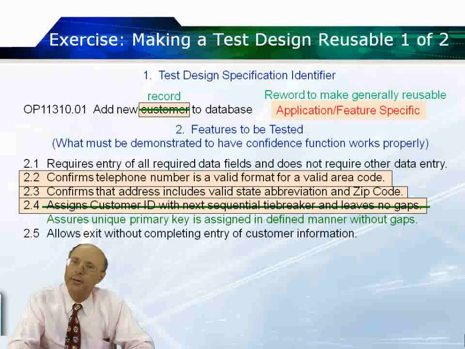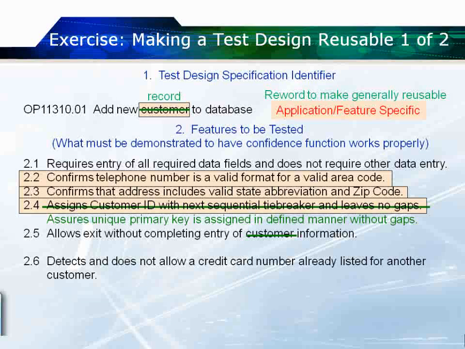"Allows exit without completing entry of customer information." Well, it's actually allowing exit without completing entry of any information. "Detects and does not allow a credit card number already listed for another customer." Well, what's that really about?